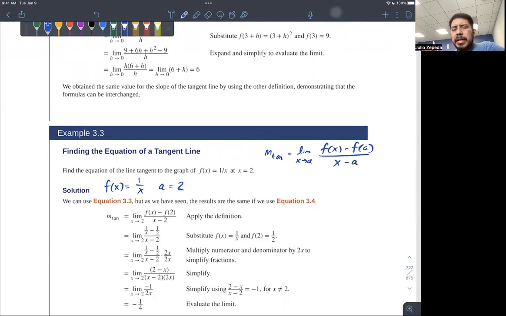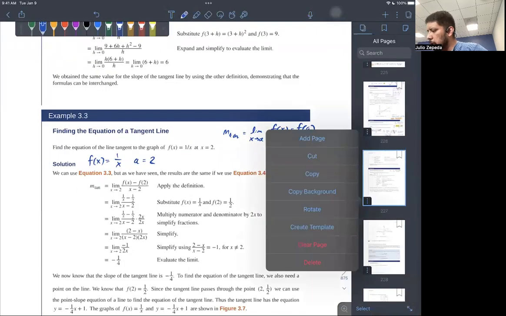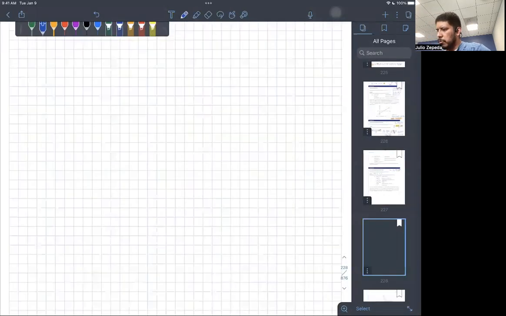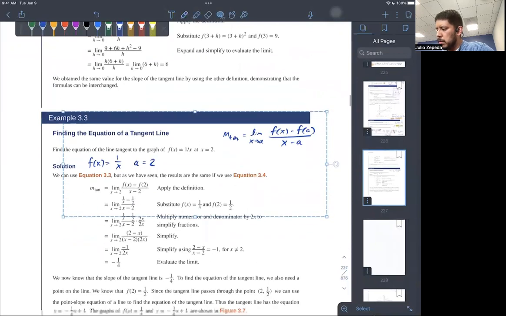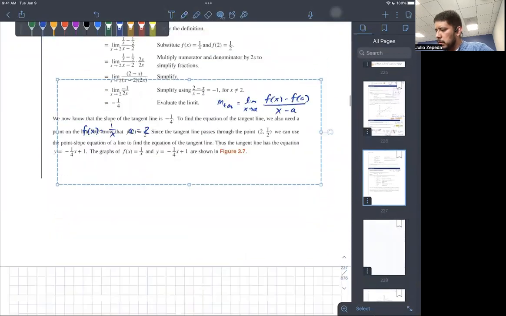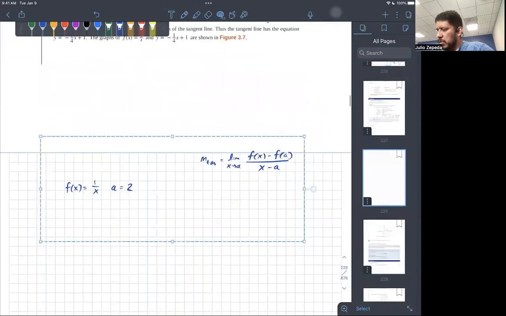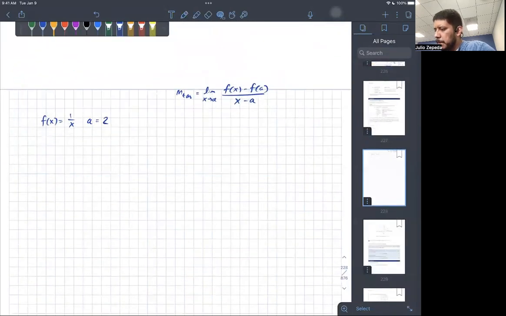This is the x value that we're interested in. And let me use a new page actually, so I can write both methods side by side, so we can see the difference in them.